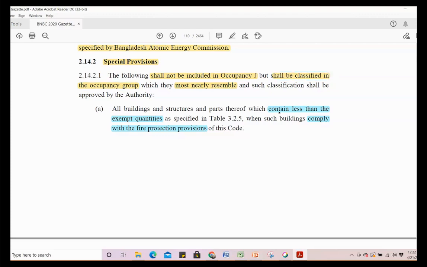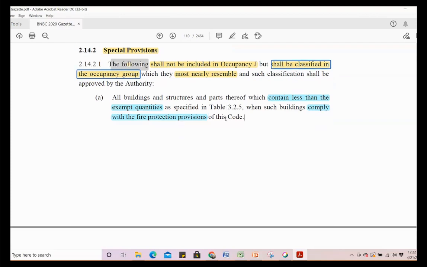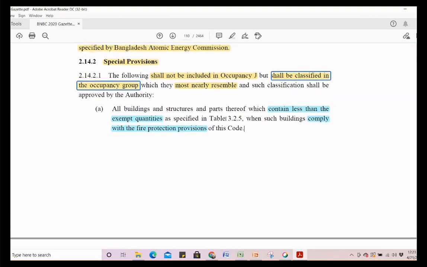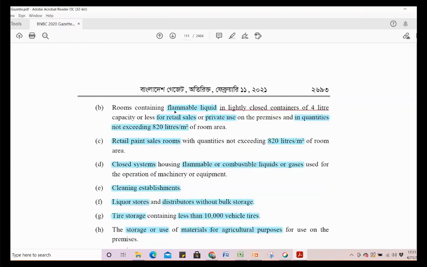So if you have a hazardous material less than the exempted quantity and you comply with the fire protection provisions of this code, you can have it as an accessory occupancy of your main occupancy. So that is one special provision.